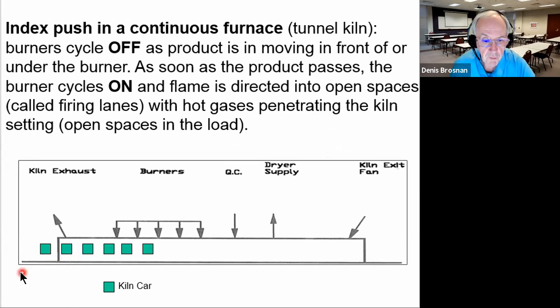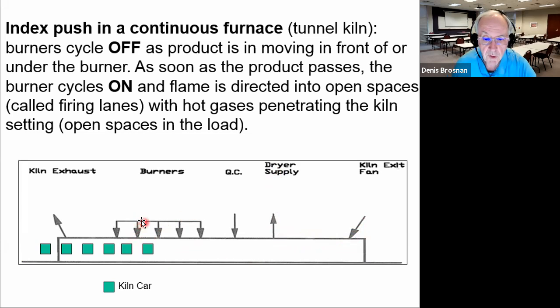So here we have a tunnel kiln with product coming in from left to right. So this is the preheat section of the kiln. We've got burner groups up here, the hot zone of the kiln, and we've got the cooling zone of the kiln. So we typically use ambient air to cause cooling to occur. I'm going to show you some ways that we do that, and that waste heat can go over to the dryer.